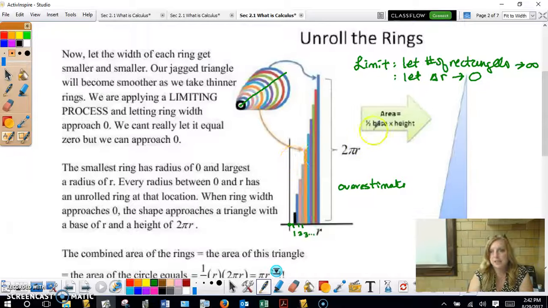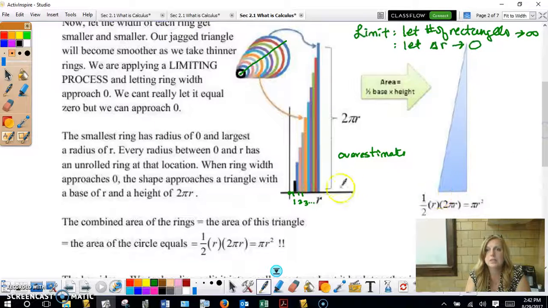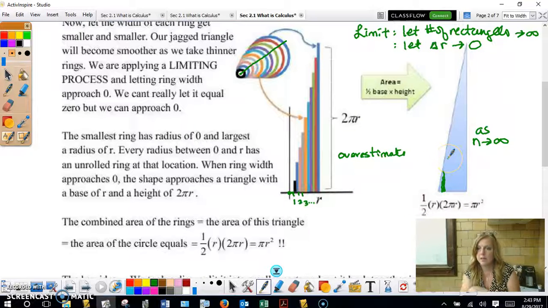So the idea here is that with this limiting process, even though technically we're not going to be too tedious to calculate it, what we would do is eventually each of these rectangles would be so skinny that there would not be any more of the jaggedness that we're seeing right here. And this set of rectangles, as the n goes to infinity, the number of rectangles, we're going to turn that rectangle into a triangle of which we know how to calculate the area.